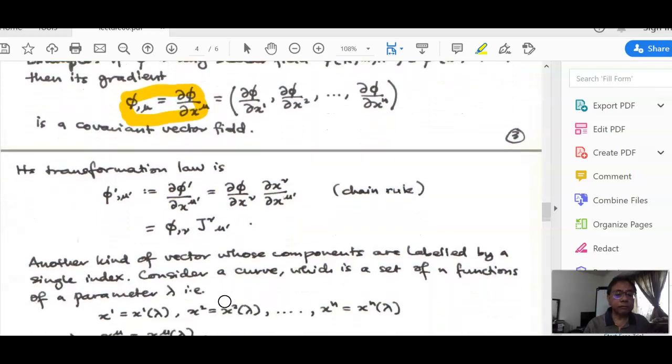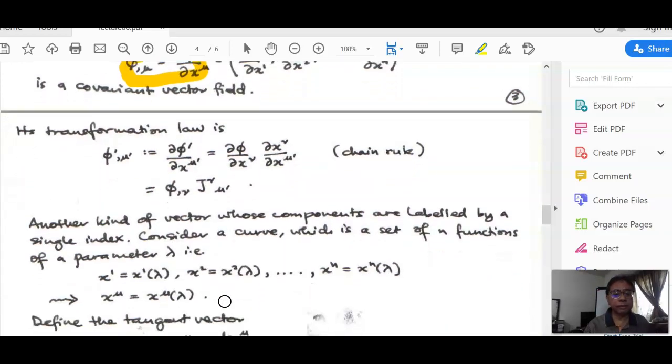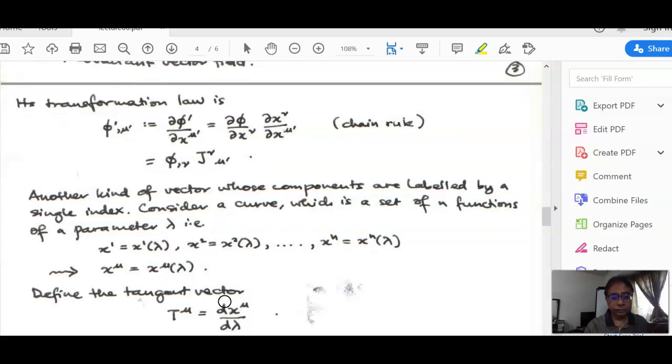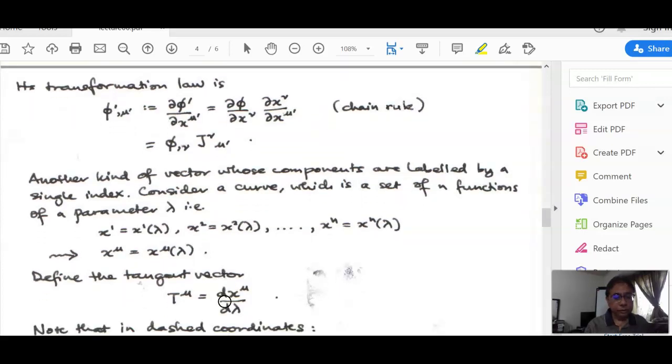There is another, different vector, which is called a contravariant vector. For this we need the idea of a tangent vector. One normally writes a curve in this form. So you have a curve defined, where each point on the curve has coordinates x1, x2, until xn, related to this λ, which is the parameter of the curve.